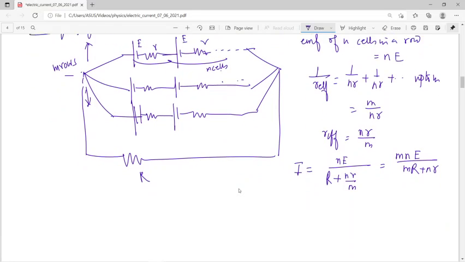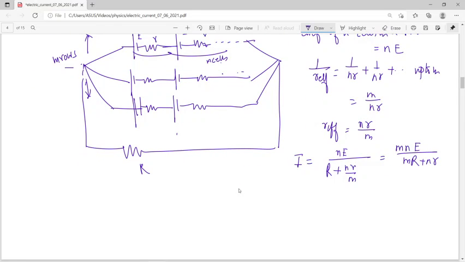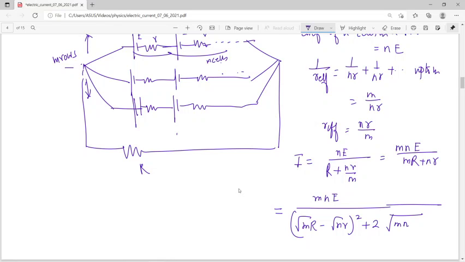And if we want to find when the current is maximum, we can express it by using a whole square formula: (root of mR minus root of nr) whole square plus root of 2mnRr.